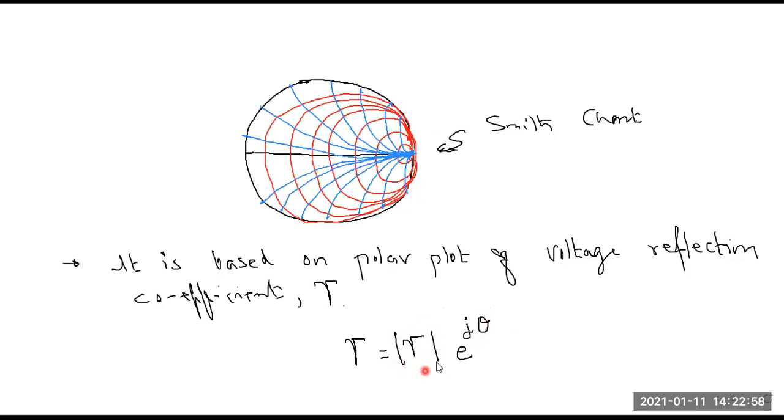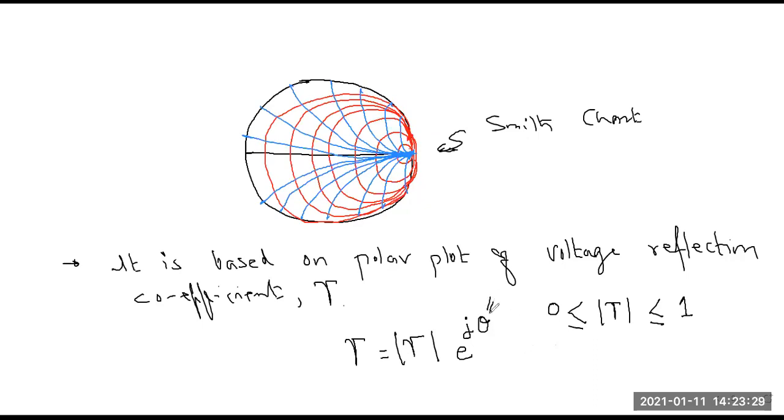Now, the range of the magnitude of the reflection coefficient, as we covered in previous lectures, is from 0 to 1. The minimum value is 0 and the maximum value is 1.